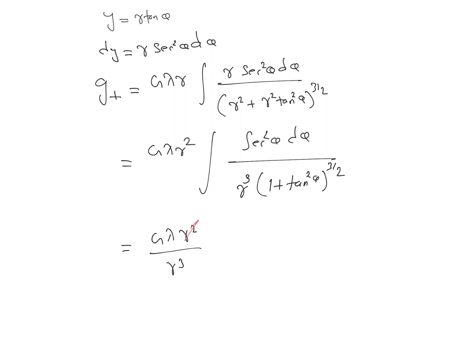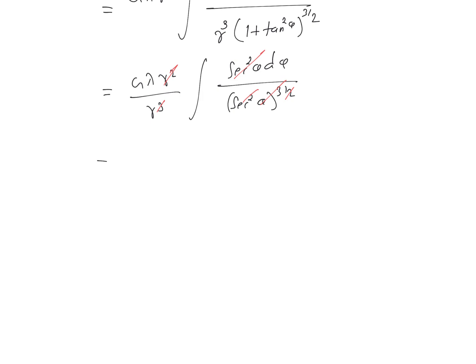So we can cancel r square and r square over here, into integration of sec square theta d theta divided by 1 plus tan square theta, which can be written as nothing but sec square theta raised to 3 by 2. So this sec square theta raised to 1 by 2 is nothing but sec theta, thus it's going to be sec cube theta, and sec square theta and sec cube theta over here get cancelled.